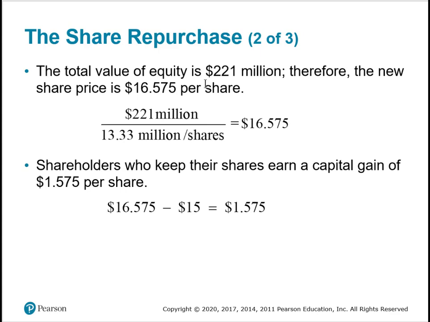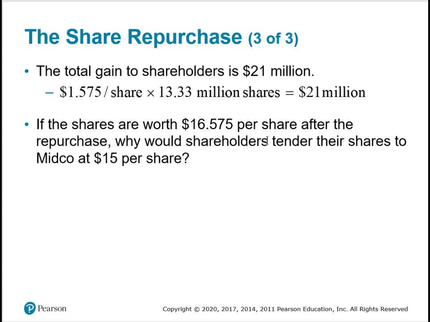The total value of equity is 221 million. Divide that by the shares. It's $16.57 as the new value per share. It used to be $15. So again, not only did the value show an increase, we also saw an increase in the stock price. If you multiply that by the number of shares, again, that's $21 million.